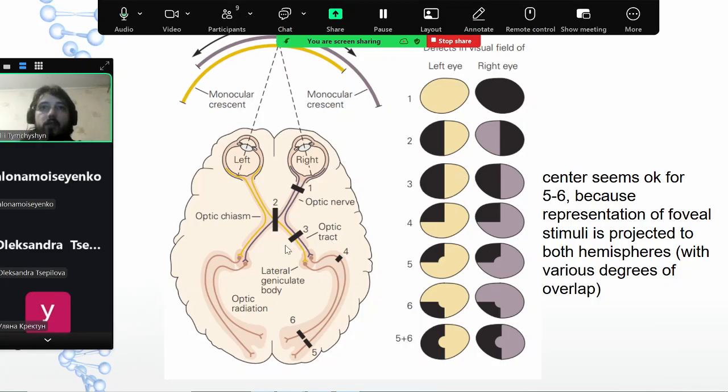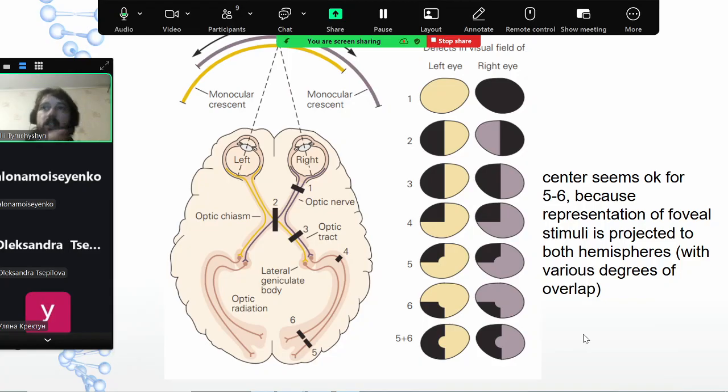And of course, after the LGN there is a little more processing, and then different neurons project into the visual cortex, and if you break anything there, some smaller parts of the visual field will not be visible.